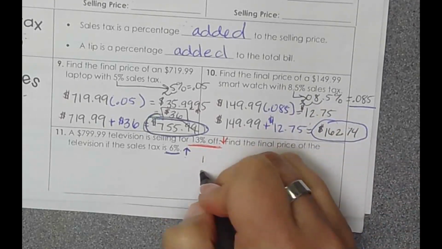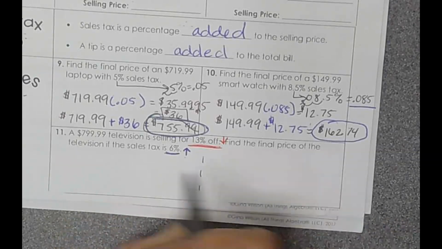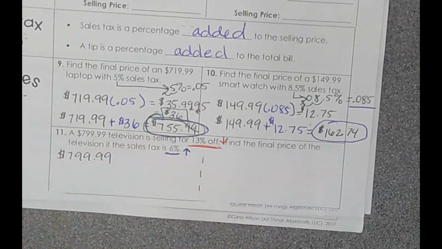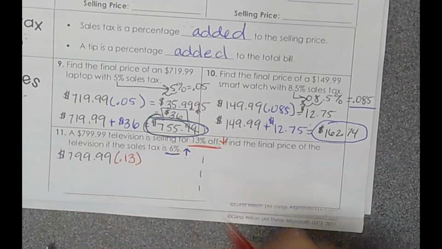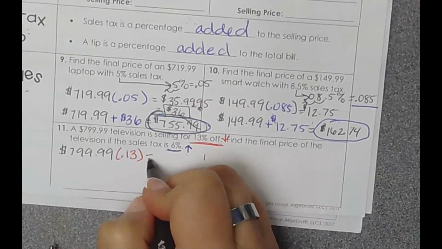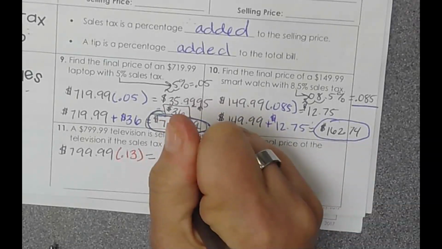So let's go ahead and start with our discount. So you're going to take $799 and we're going to multiply that by 0.13, and that gives us $104.